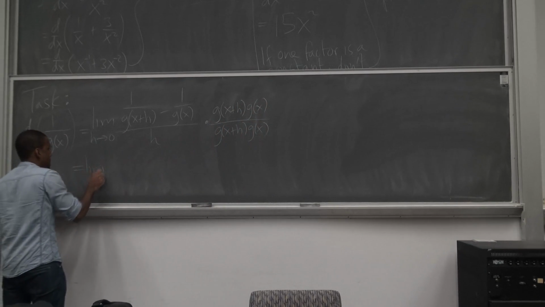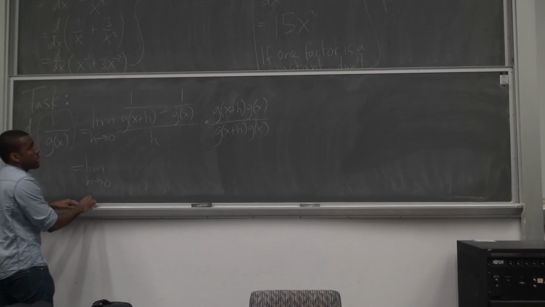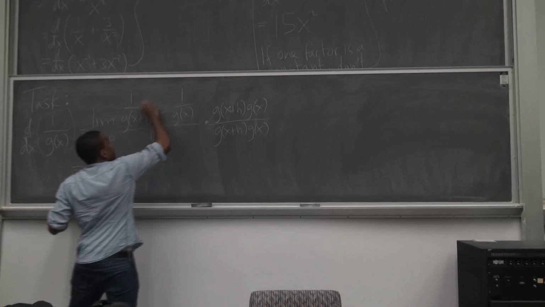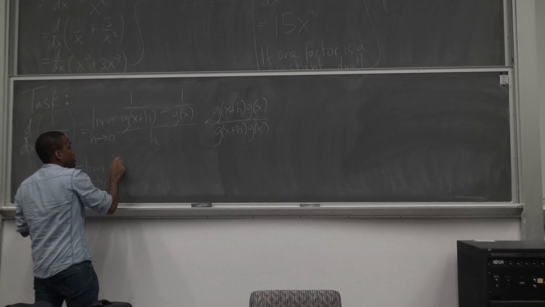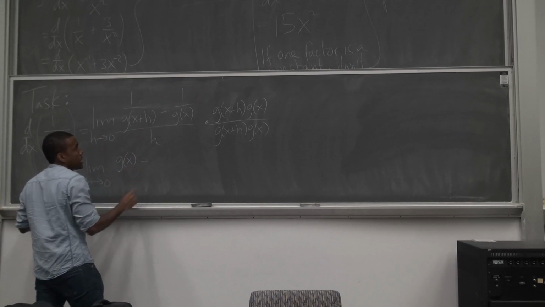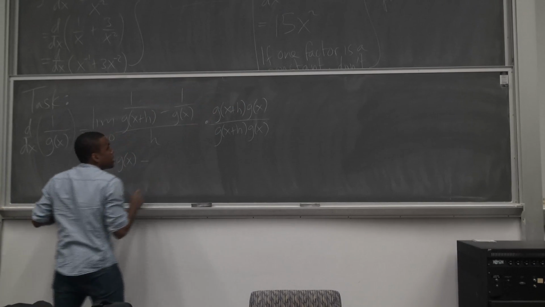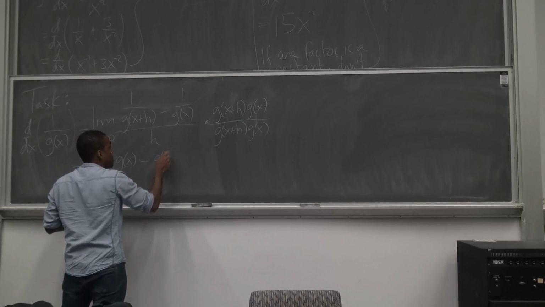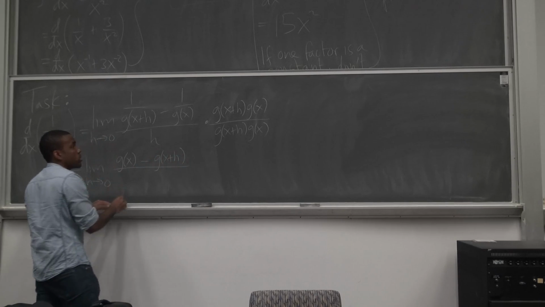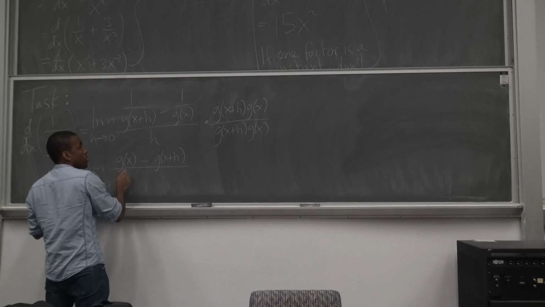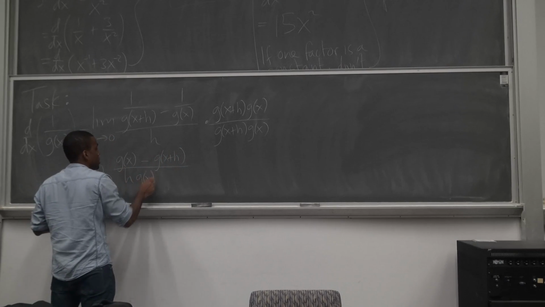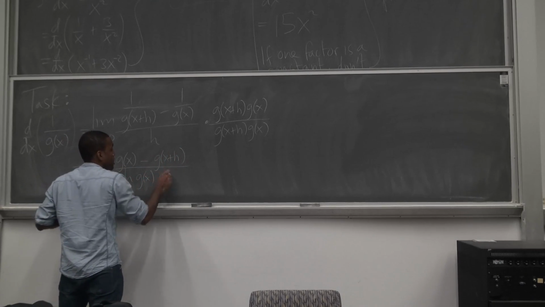And let's see actually what happens here. So this times that, g of x plus h is canceled, you get g of x, minus this times that, the g's cancel, you get g of x plus h over h times g of x times g of x plus h.